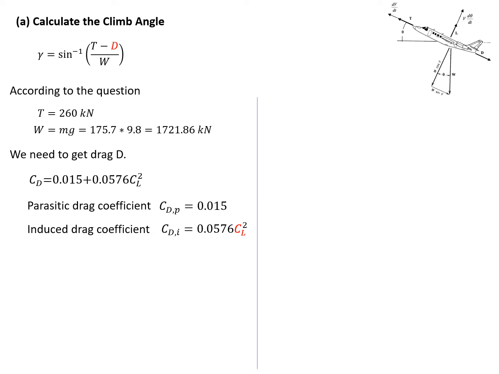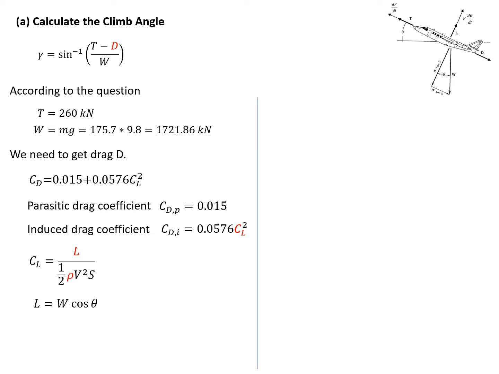Theta is the climb angle, and that should be equal to L. So first of all, we have CL, lift coefficient definition, and we have L and rho unknown, and also L equals W times cosine theta. That's from the component perpendicular to the flight path.